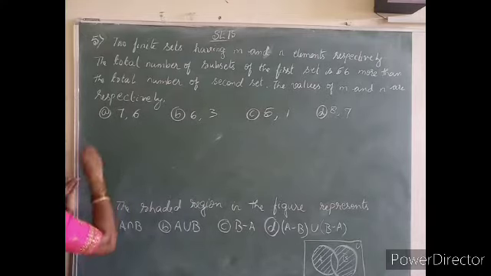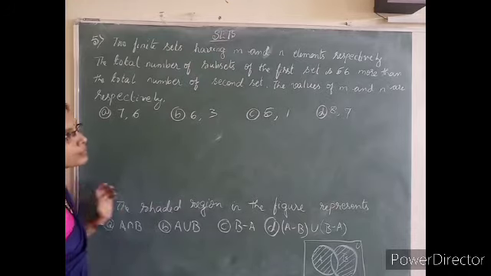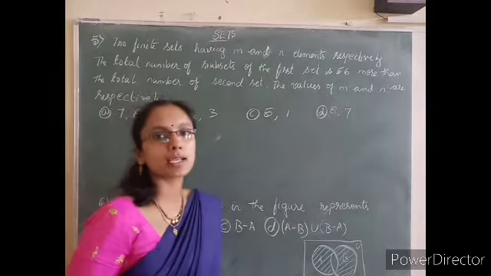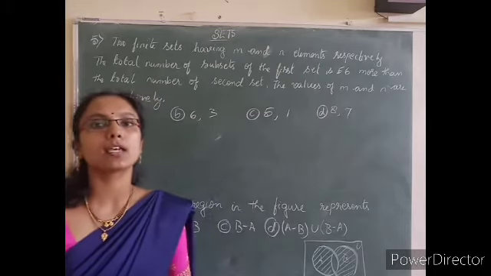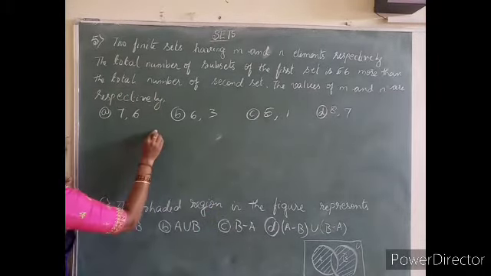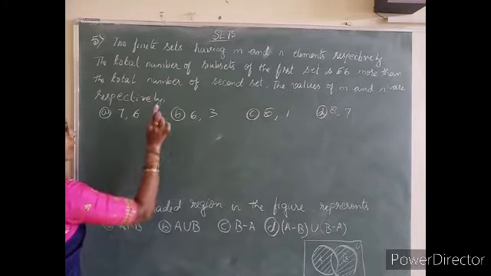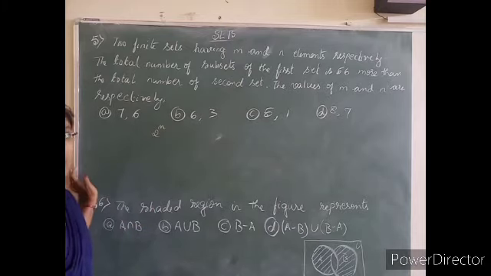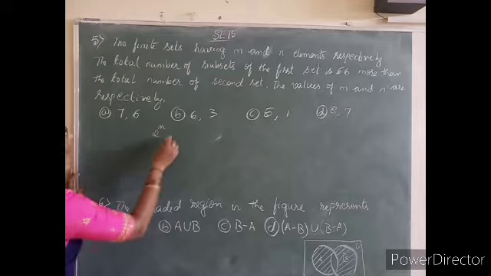By using the given data, you know that the number of subsets of a set having n elements is 2 to the power n. So according to the given data, if the first set has m elements, then its number of subsets is 2 to the power m.